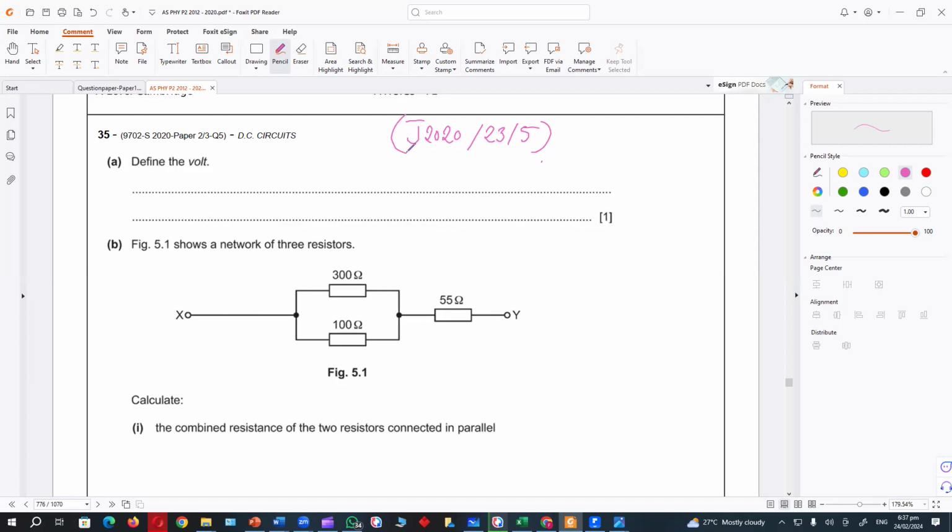Okay, so as Ahmed said, we can say that actually volt is joule per coulomb. So the formula is voltage is equal to work upon charge.